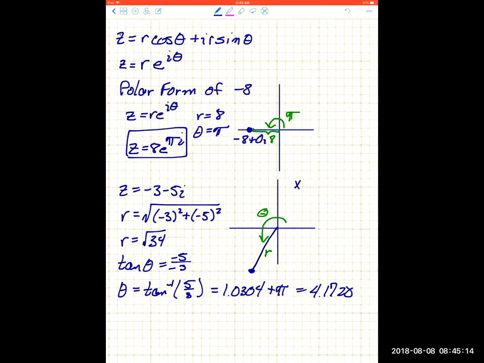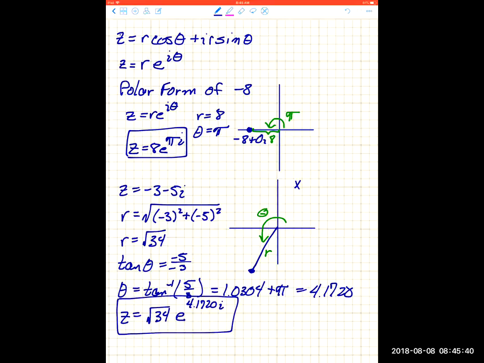So we would rewrite our -3 minus 5i as r times e to the i theta, so 4.1720i. Now you may be asking yourself, why in the heck?